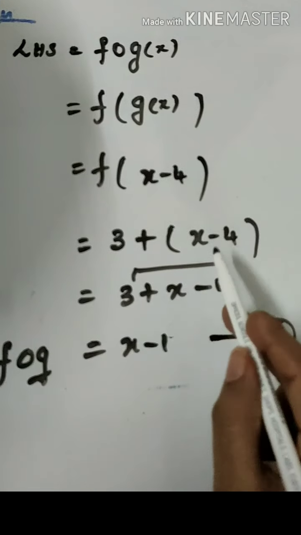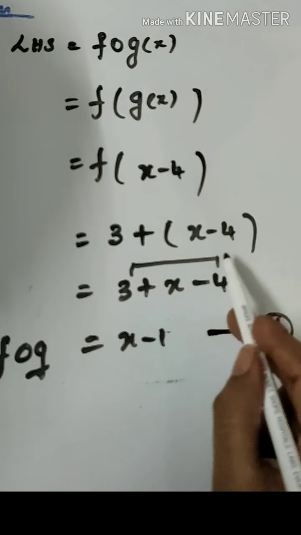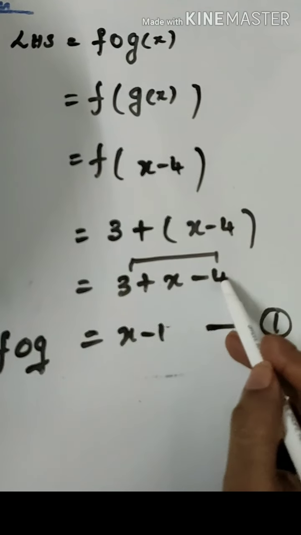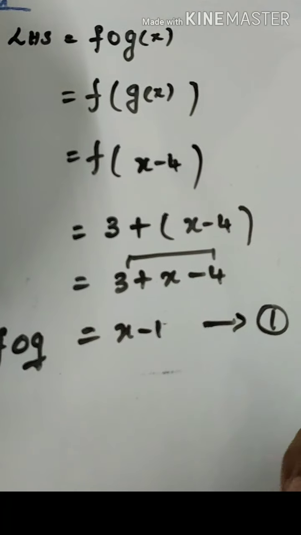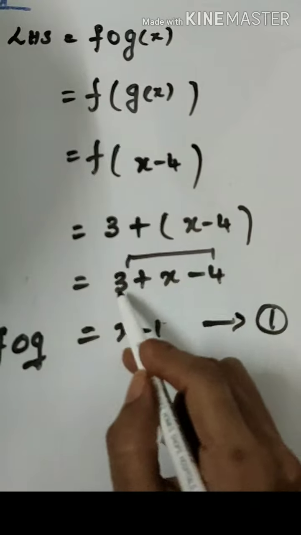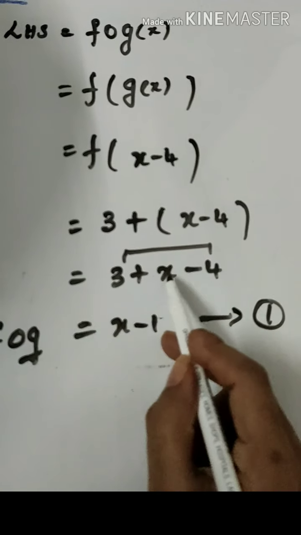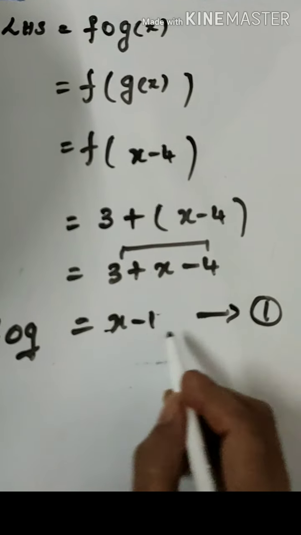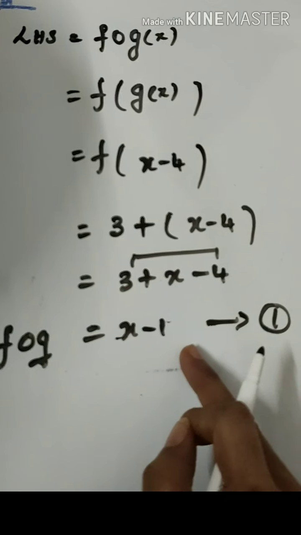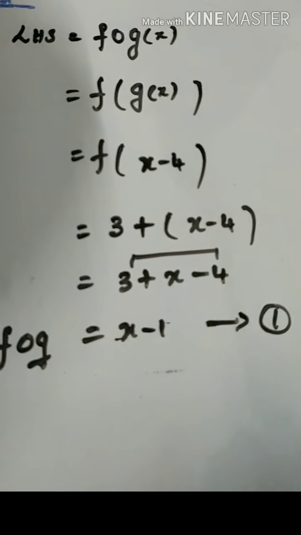So, 3 plus x minus 4. Here, we have two constants, 3 and minus 4. When we have a positive number and a negative number, we do the subtraction. So, 3 minus 4 is minus 1. We write the variable as such. So, x minus 1. Therefore, we arrive at f composite g is equal to x minus 1. Mark this equation as 1.